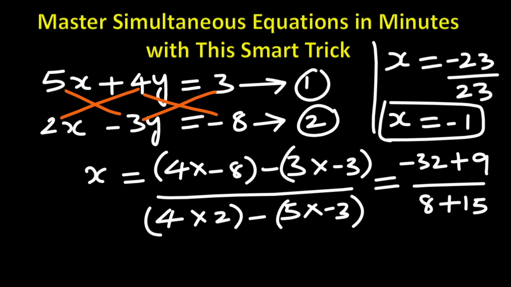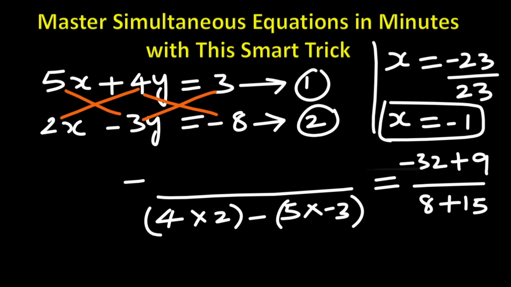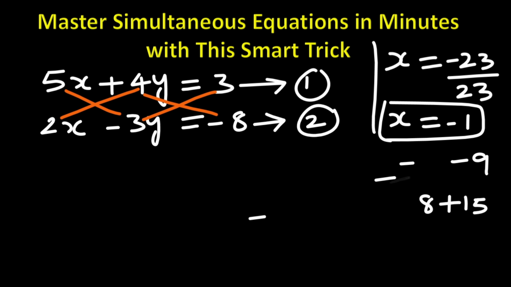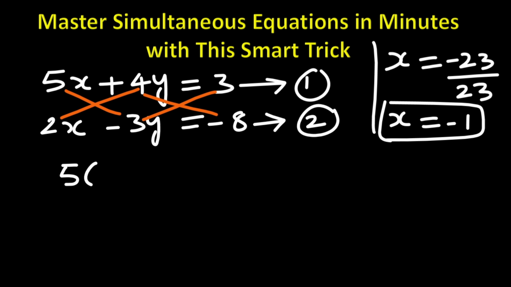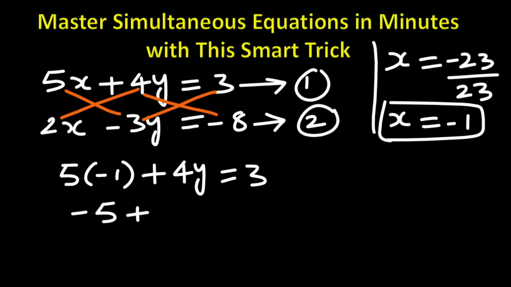Now let's plug in x as negative 1 in the first equation and find the value of y. So the first equation is 5x. So we have the value of x as negative 1. So 5 times negative 1 plus 4y equals 3. 5 times negative 1 is negative 5 plus 4y should be equal to 3.